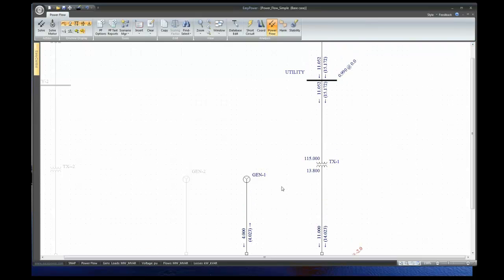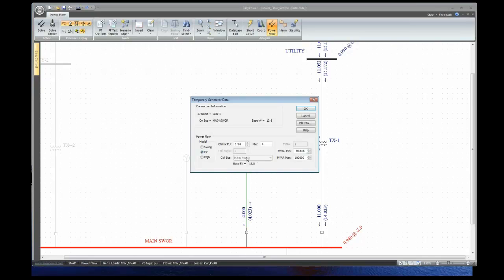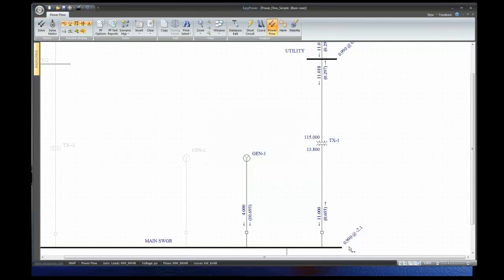So the main point there is that this generator cannot maintain this voltage by itself, right? If this voltage goes down and I'm trying to maintain it, this generator is going to go to fully excited and still not be able to produce enough VARs to maintain this voltage.